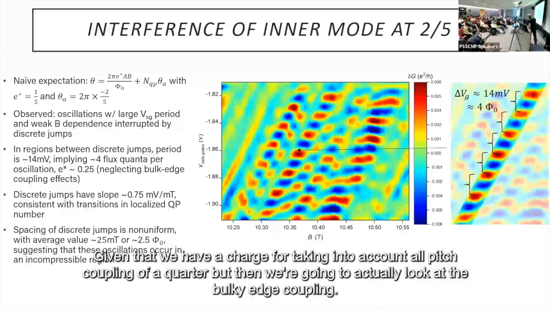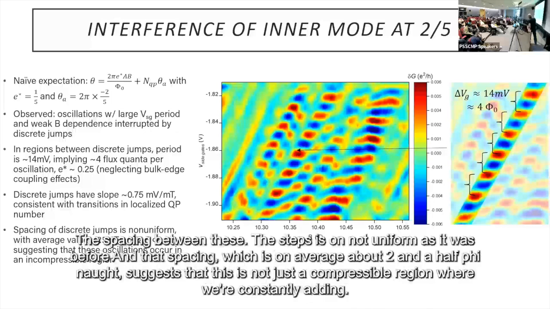But then we're going to actually look at the bulk edge coupling. The spacing between these steps is non-uniform as it was before, and that spacing, which is on average about 2.5 phi naught, suggests that this is not just a compressible region where we're constantly adding anyons.